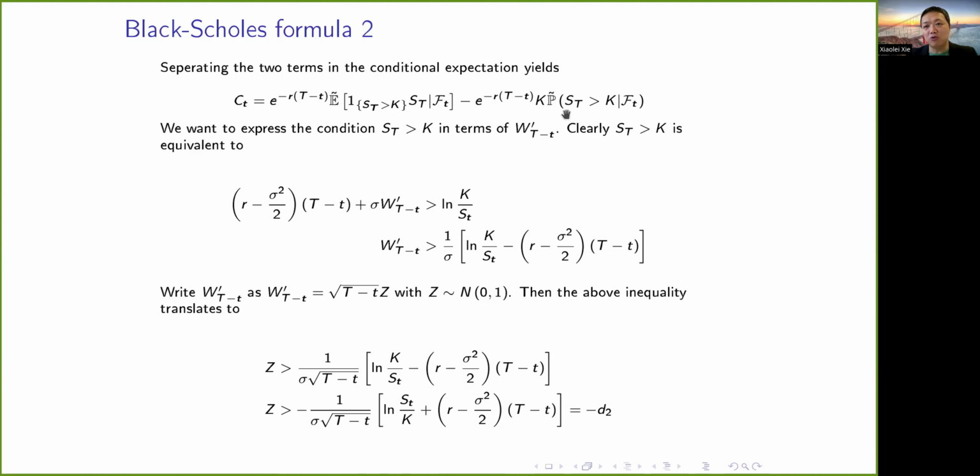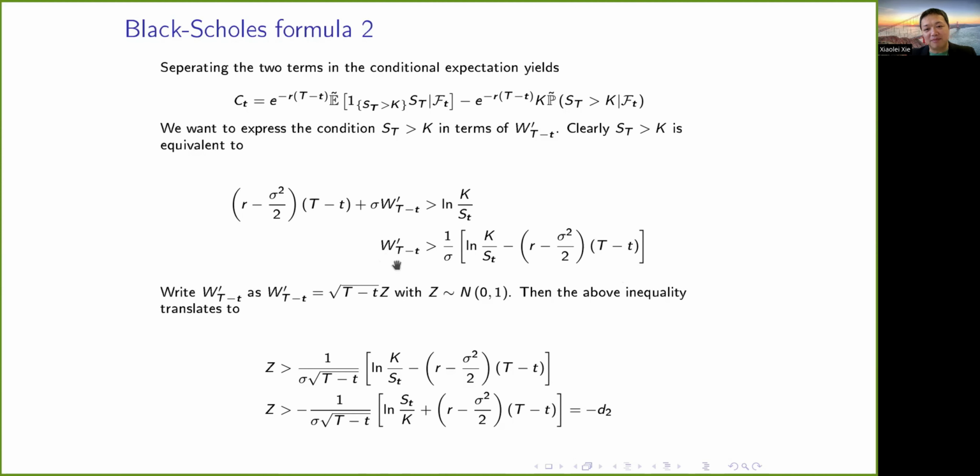We see that both terms involve the condition of ST being greater than K, and we would like to express this condition in terms of the Brownian motion. That's straightforward. This condition can be immediately transformed into this inequality, and that means W prime at capital T minus t must be greater than this expression.